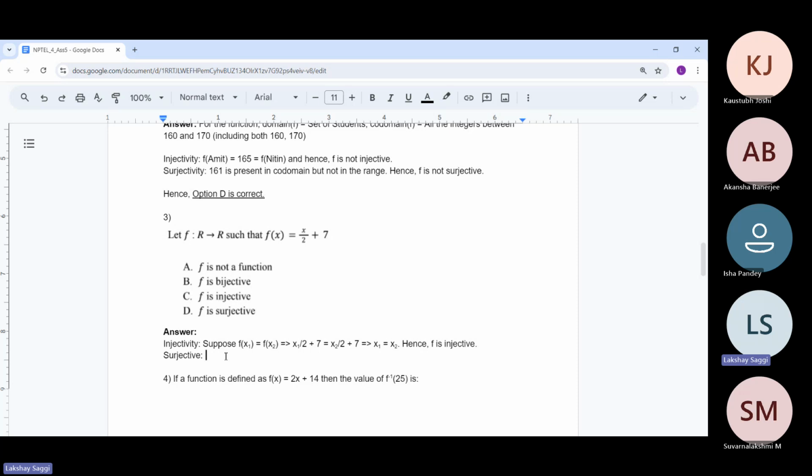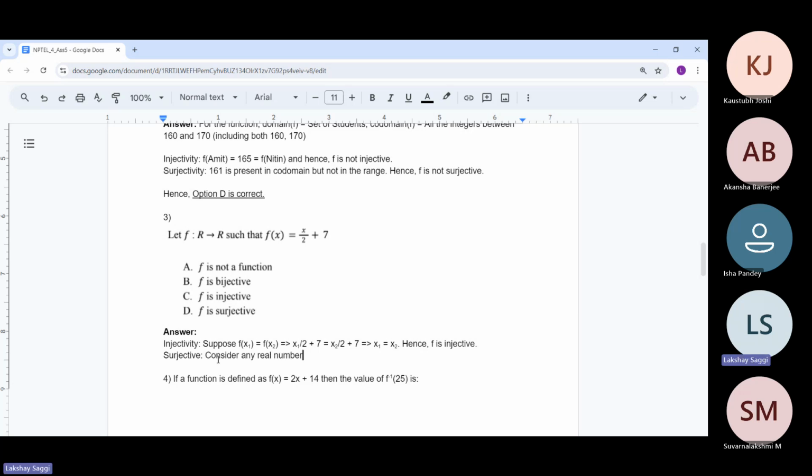Again, we have to show that for all possible values of the codomain, it will lie in the range also. Note that while disproving that a function is onto, we just had to find one value which was in the codomain but not in the range. But here we have to say that every value of the codomain will lie in the range. So we have to consider any value of the codomain. So consider any real number.